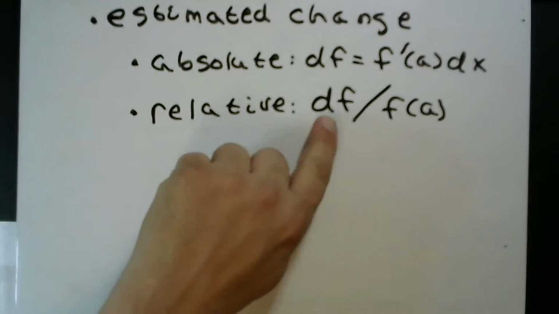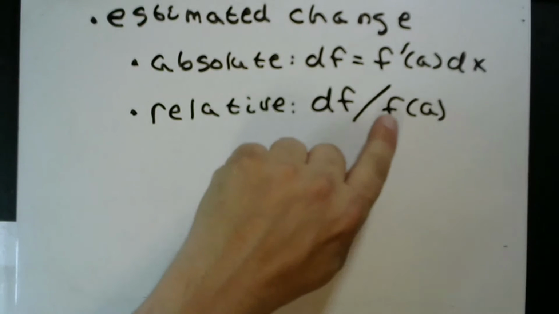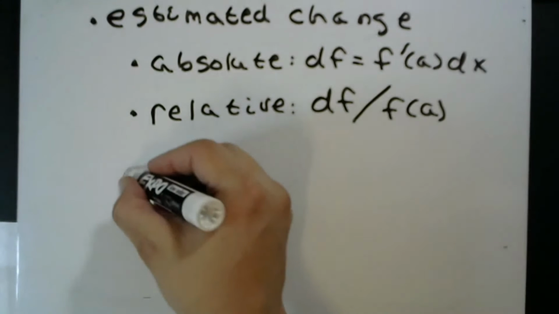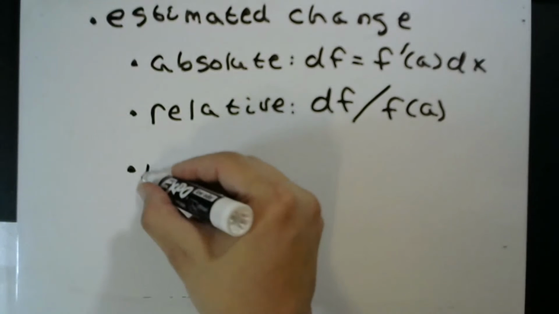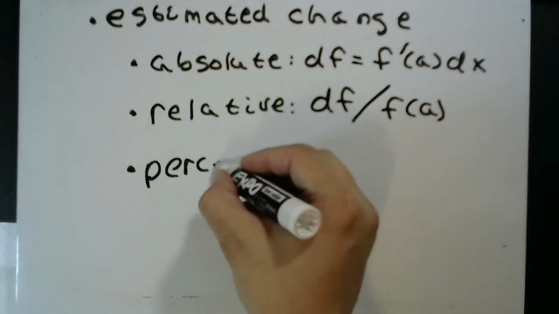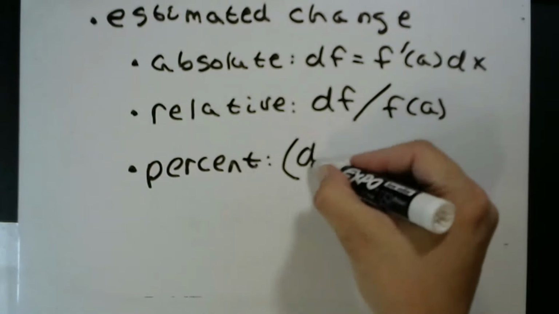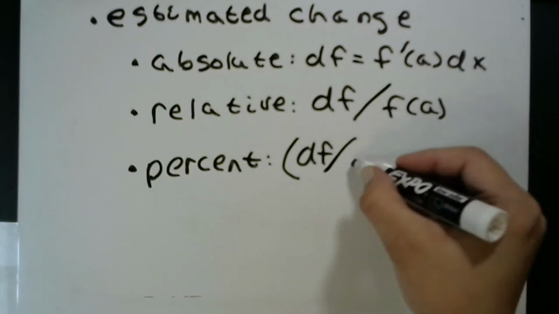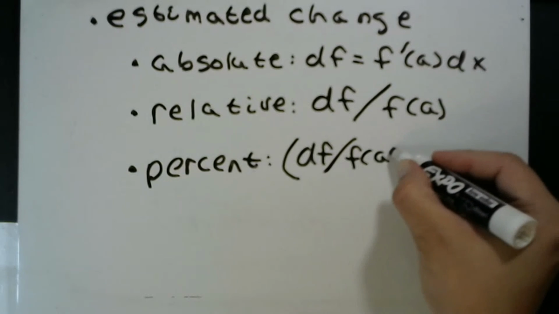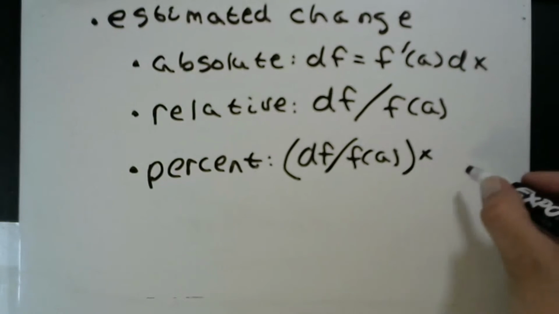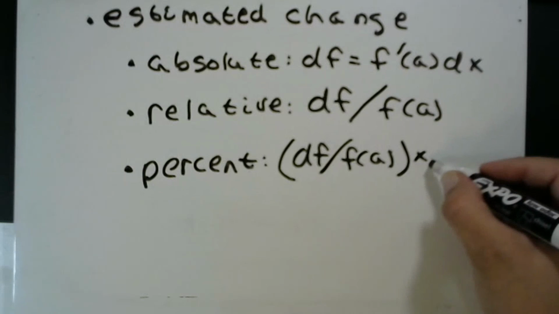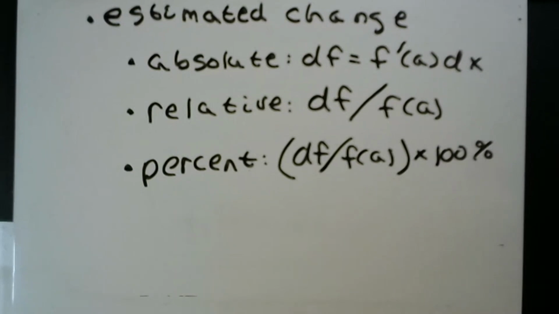Like we compared delta f to f of a, now df to f of a. And then finally percent.